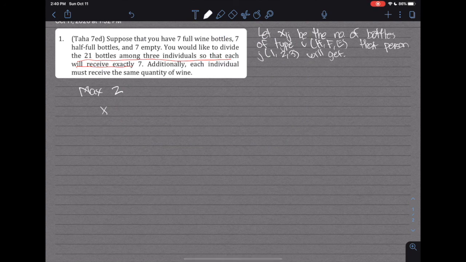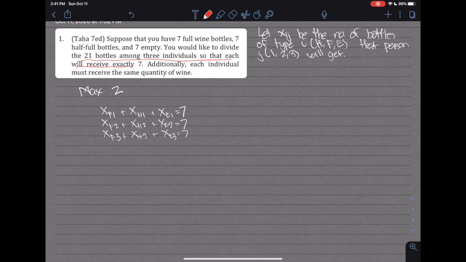That will be xf1, the number of full bottles, plus xh1, the number of half bottles, plus xe1, and this should be equal to 7. Similarly, for person 2, xf2 plus xh2 plus xe2 is equal to 7, and for person 3, xf3 plus xh3 plus xe3 is equal to 7.